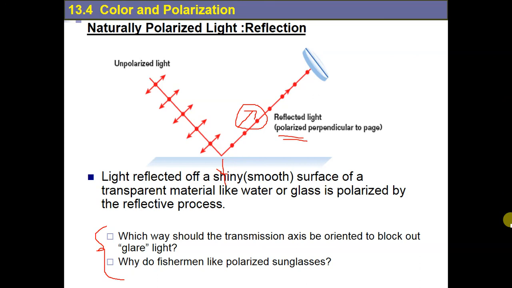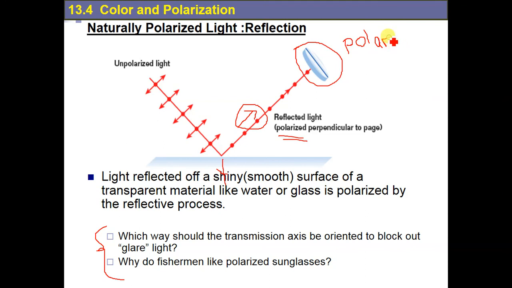So we have reflection. Unpolarized light coming from the sun hits the shiny surface. Some of it reflects and some goes inside the water or the glass. In other words, it refracts. We are focusing on the reflected light. The reflected light goes to your eyes, and here we can use a polarizer, using the transmission process.